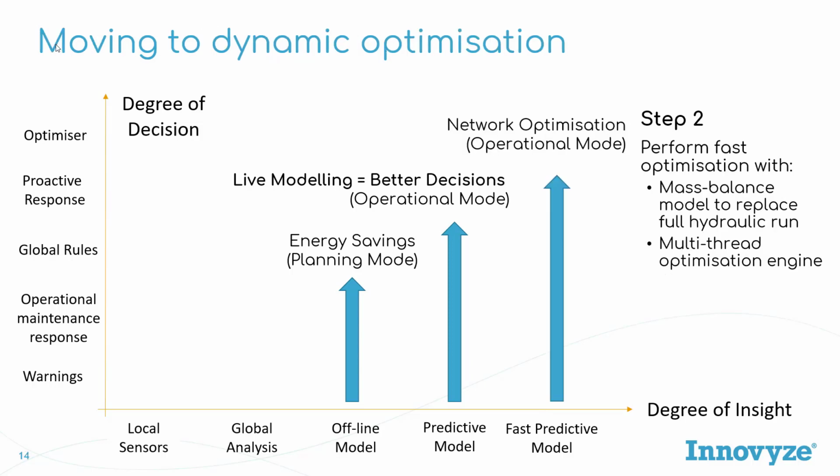Based on the forecast, we can actually run the optimizer as we saw before and basically use the mass balance model with the genetic algorithm running on a multi-thread optimization engine so that we can get the response for the best way of operating the system based on the actual condition of the network.